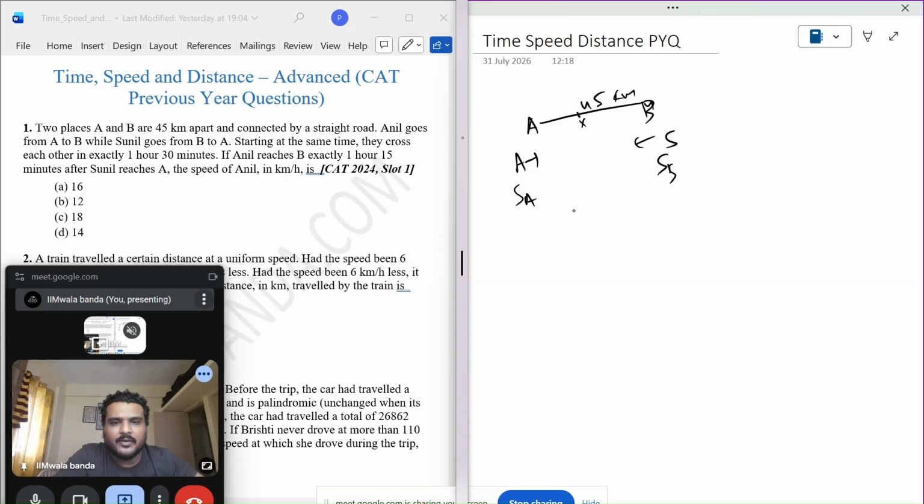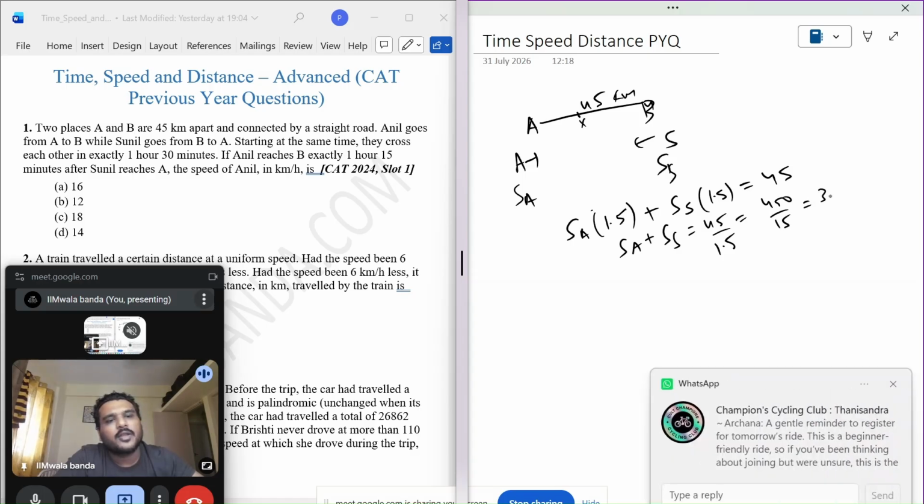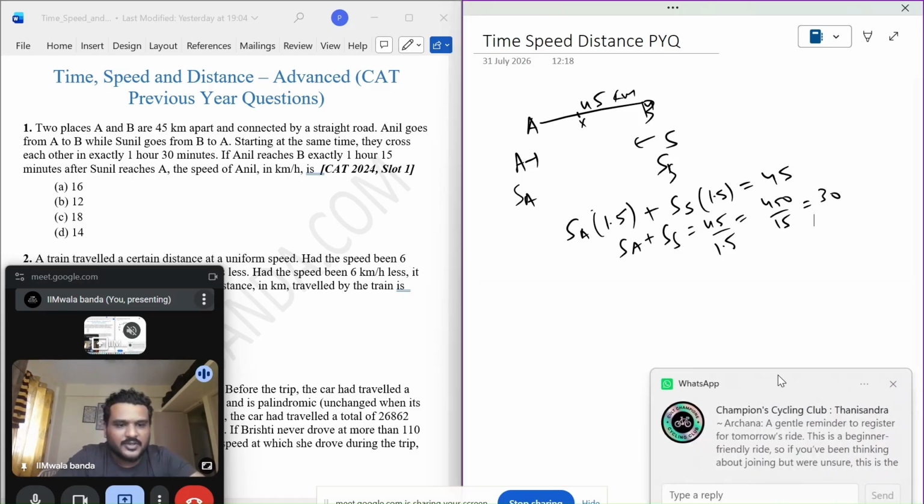It will be the time taken by A, which is 1.5 hours, and speed of A. So speed of S into 1.5 hours. This is the total distance that they both have covered, and that will be 45. So SA plus SS is 45 upon 1.5, or 450 by 15, or 30. This is your first equation.